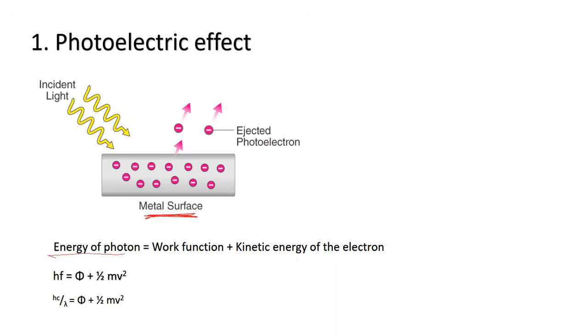And energy of the photons can be calculated using two ways. One is in terms of frequency, which is hf. The other one would be in terms of wavelength, which is hc by lambda. And phi is the work function, and half mv square is the kinetic energy of the electrons.